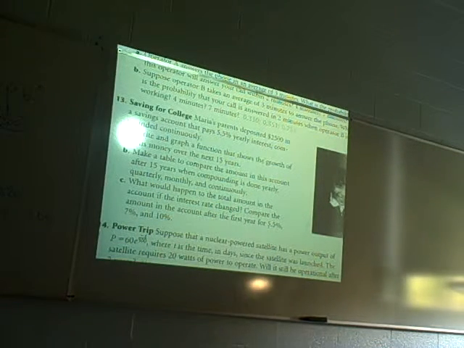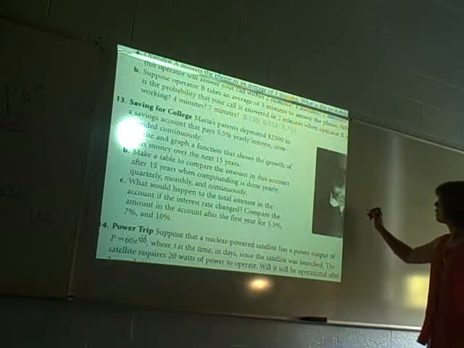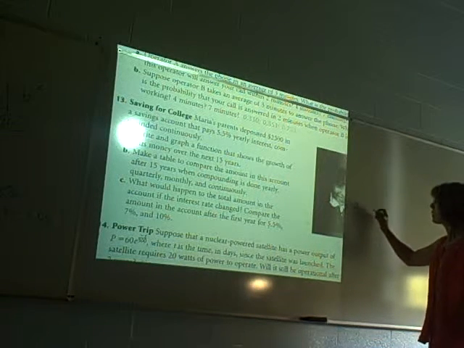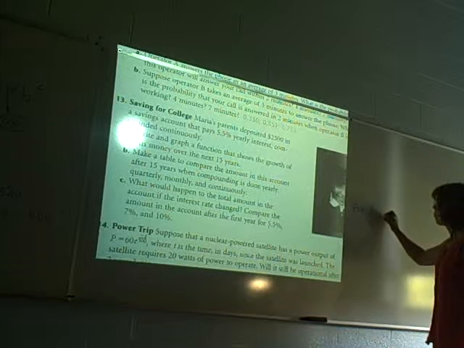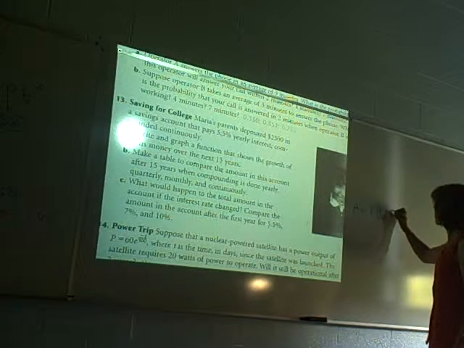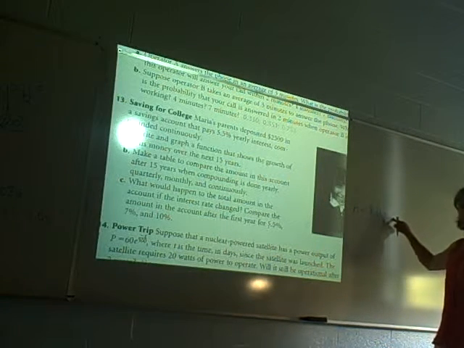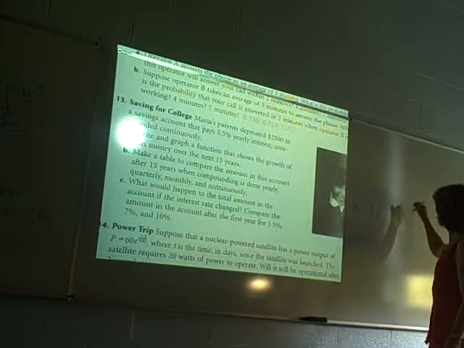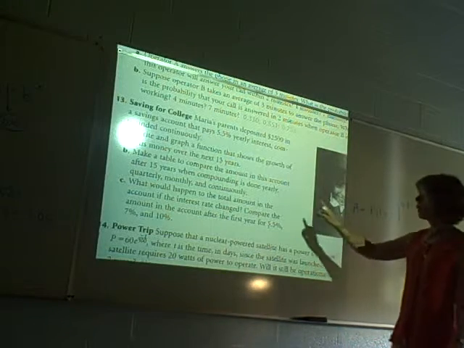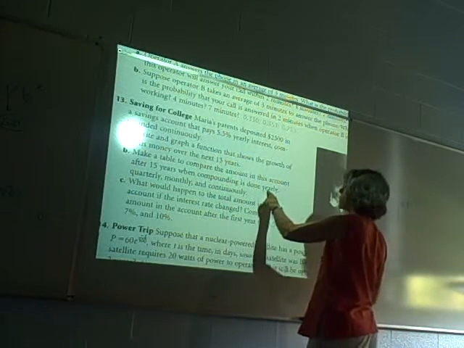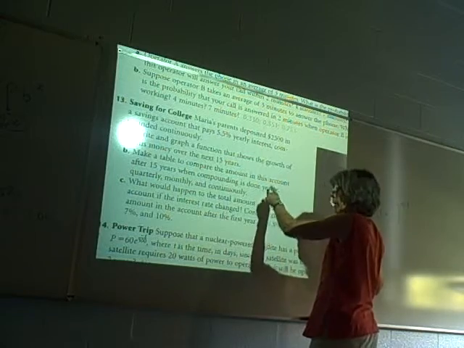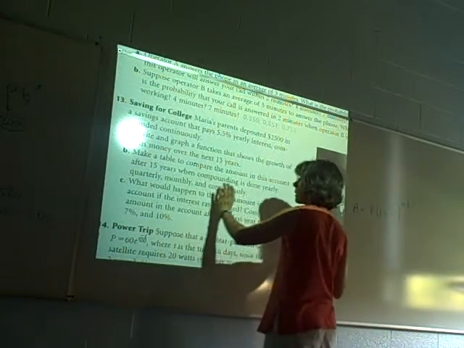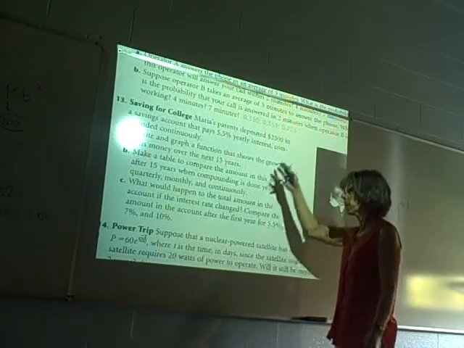The only thing I'm going to remind you is you may want to use A equals P times 1 plus the rate over the number of times it's being compounded, raised to the number of times compounded times the number of years. When compounded yearly, that's not a big deal, but do quarterly, monthly, and then continuously.